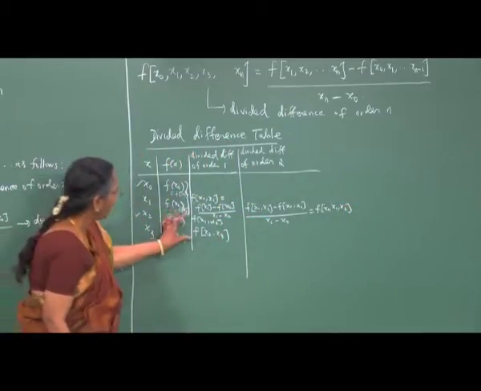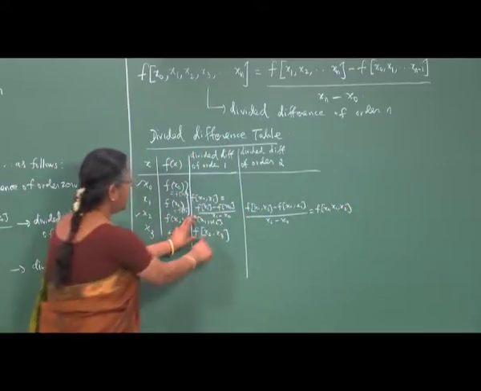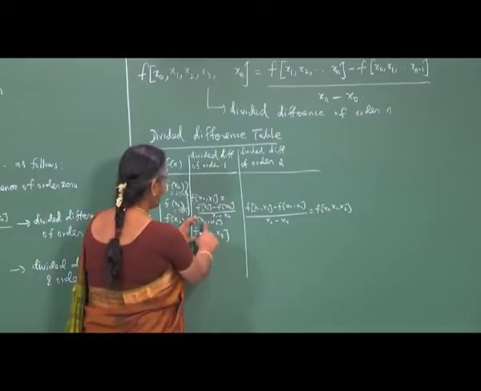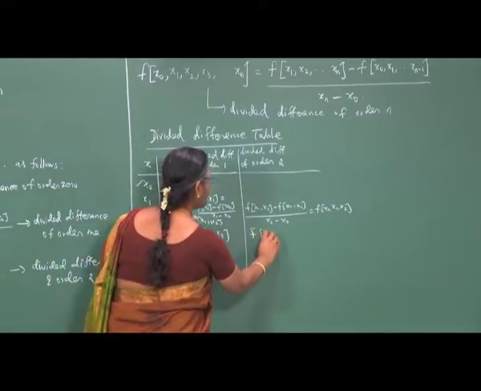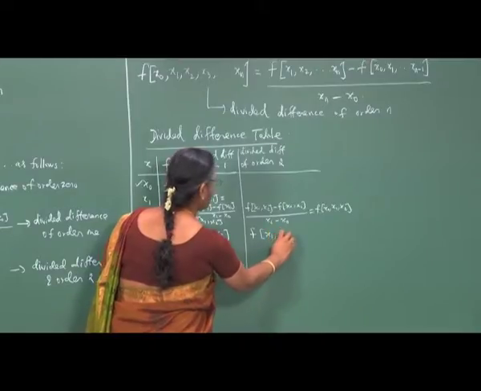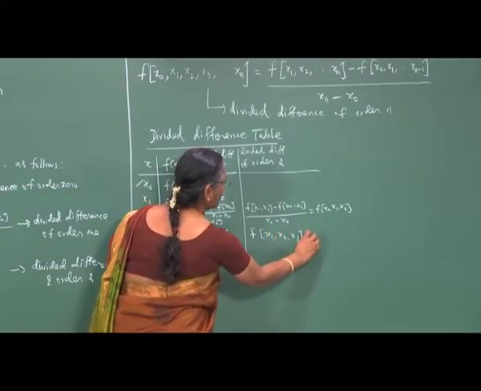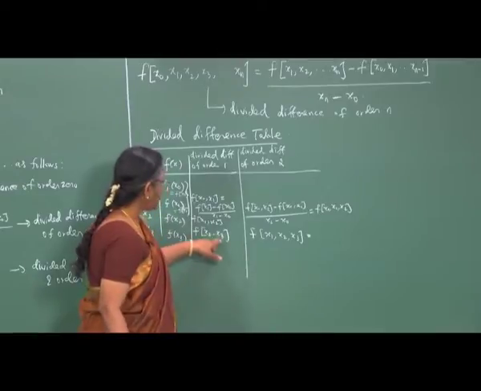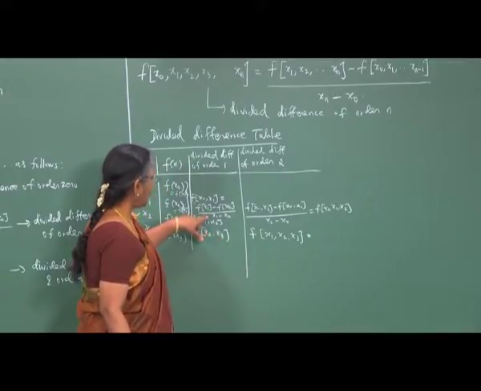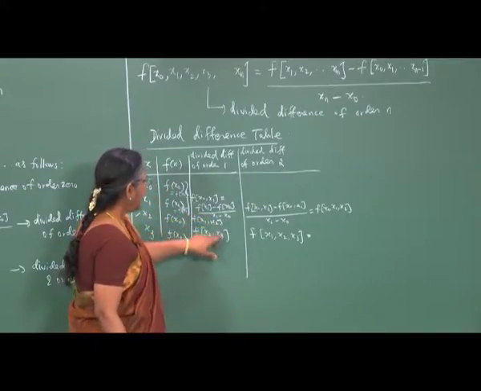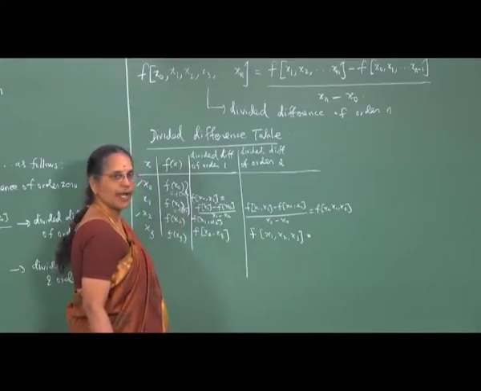So, similarly you have these two entries, and so you will get the second order divided difference, which is f of x1 x2 x3. What is it? It is f of x2 x3 minus f of x1 x2 divided by x3 minus x1.